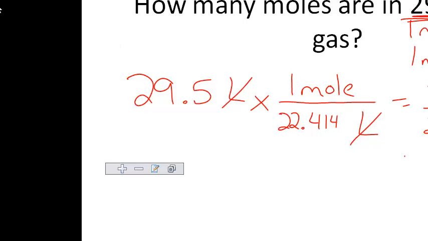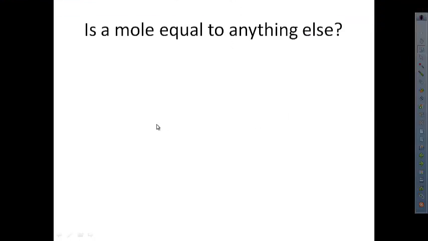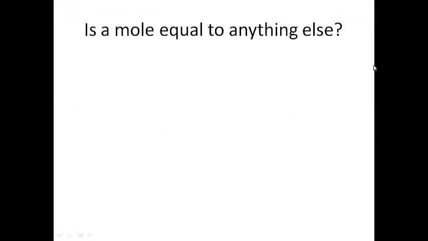Now at this point you're probably going, I know that can't be it. You're right, it's not it. The mole is equal to one other thing.